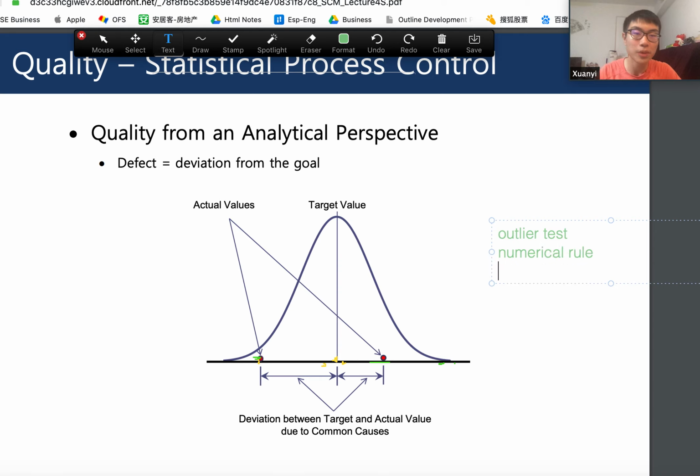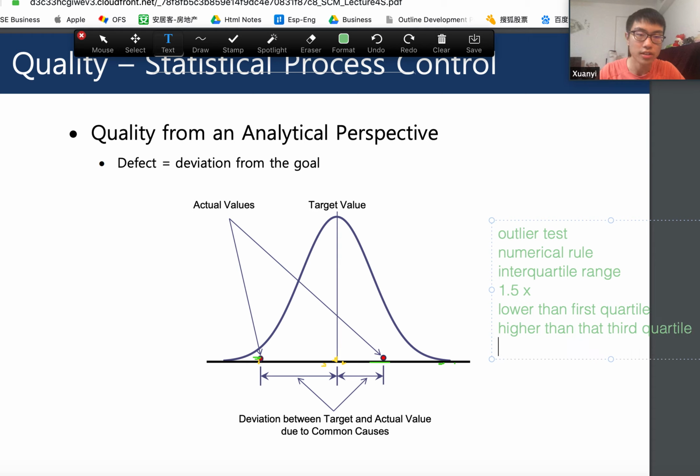For the outlier test, you calculate the interquartile range and multiply it by 1.5. Then you check whether the value is lower than the first quartile minus 1.5 times the interquartile range, or higher than the third quartile plus 1.5 times the interquartile range. If so, it's considered an outlier.